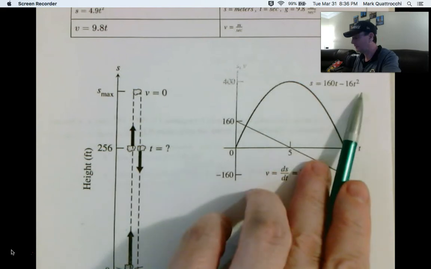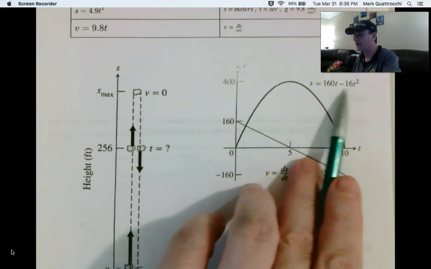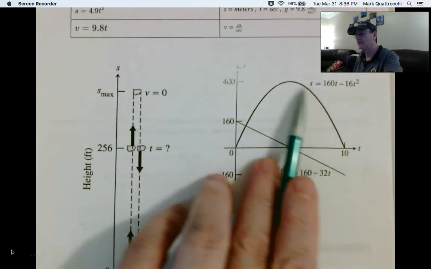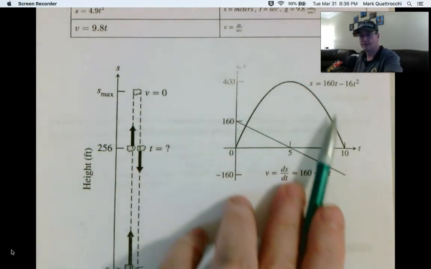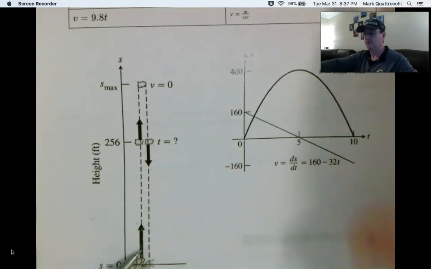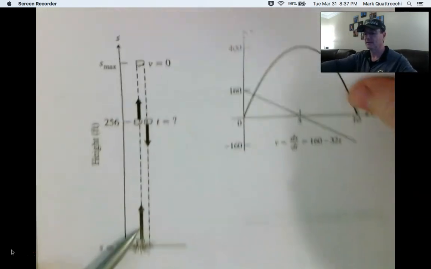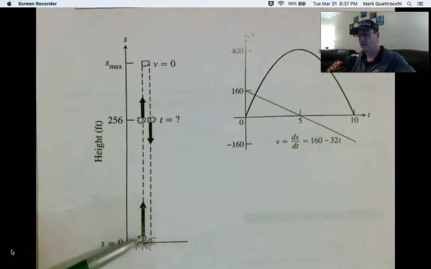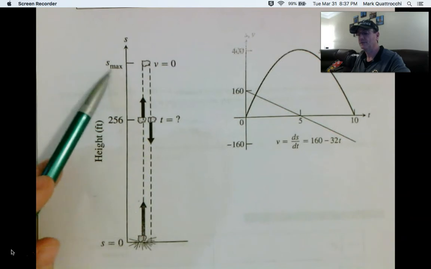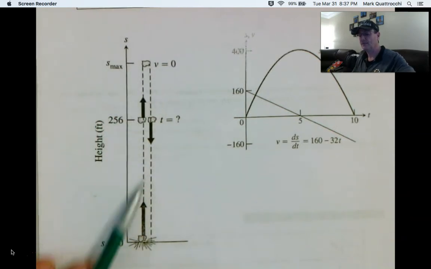This was the function that we saw a second ago for position of an object being projected out at a certain distance. This is another picture that we're going to use in a second, where we're launching something up into the air. It reaches a maximum height, and then it comes back down.